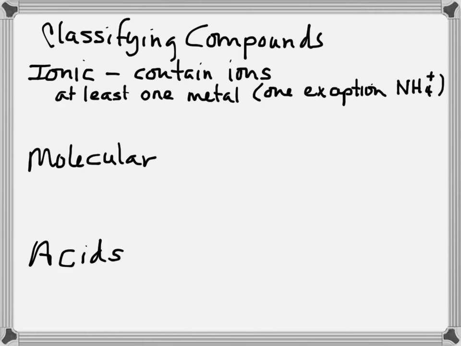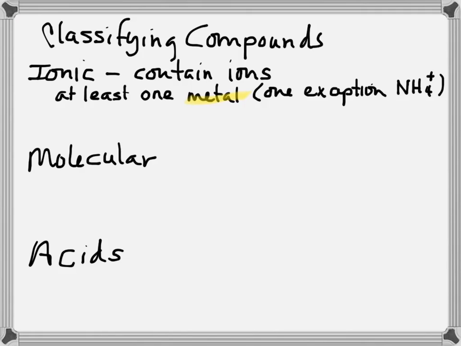If there is a metal present, it's an ionic compound. When you're looking at the name of the compound, look at the name of the first ion. If it's a metal, like magnesium or copper or iron, it's an ionic compound. Okay, so that's the key for the ionic compounds.